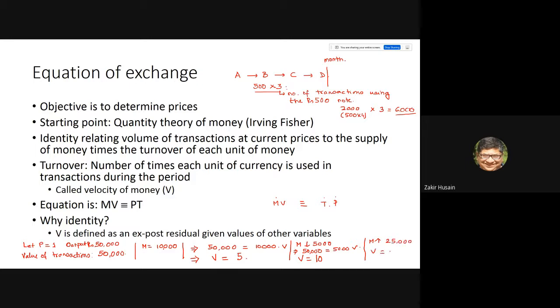You can easily check, money will not change hands so frequently. V will be only 2. Is it clear? Yes, sir.